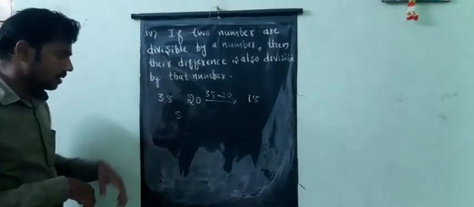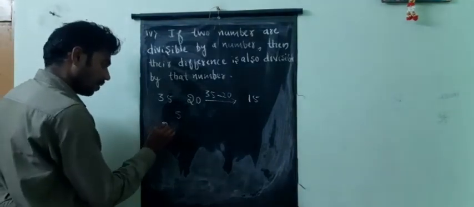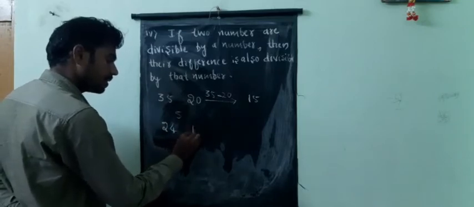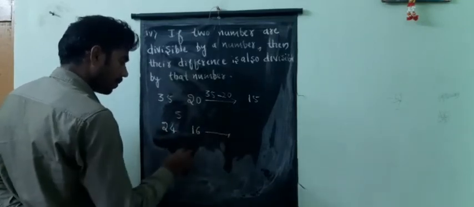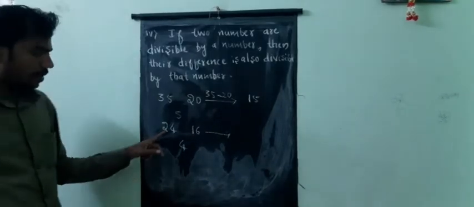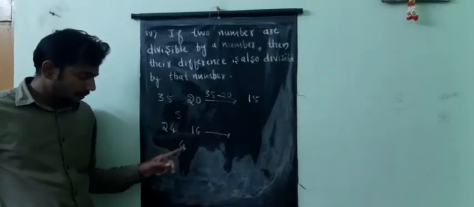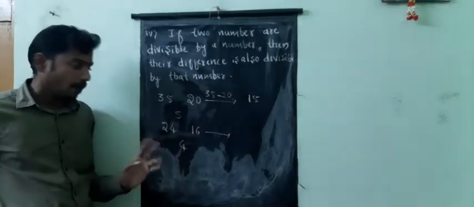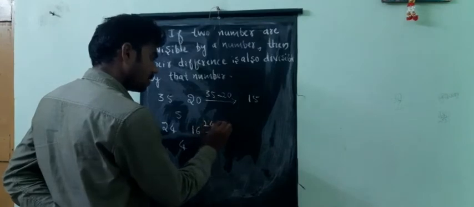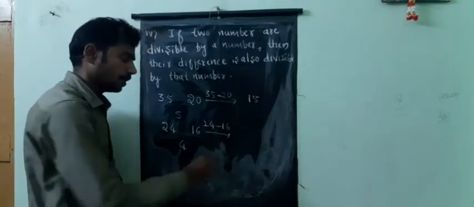Next, I will take one more example: 24 and 16. Is 24 divisible by 4? 4 6s are 24. Is 16 divisible by 4? Yes, 4 4s are 16. And what is the difference? 24 minus 16 is 8.